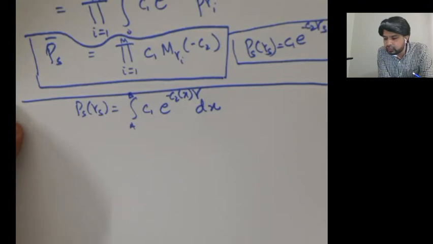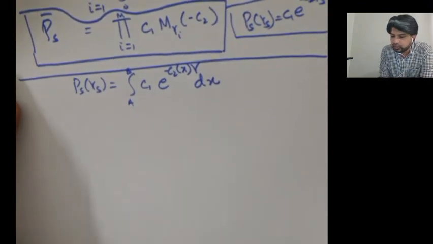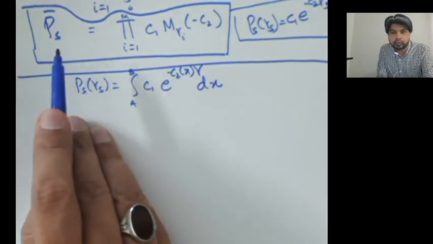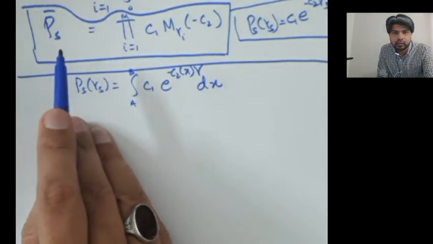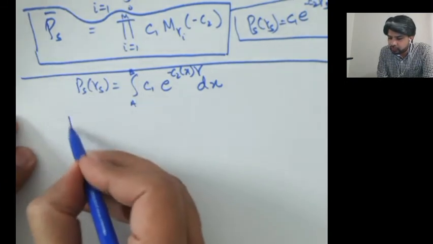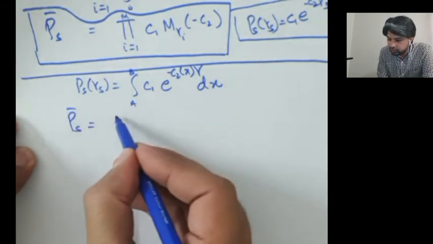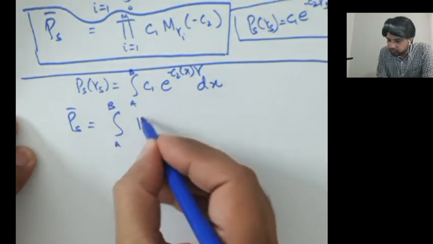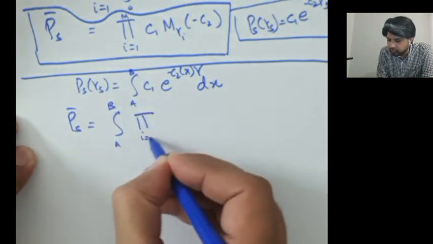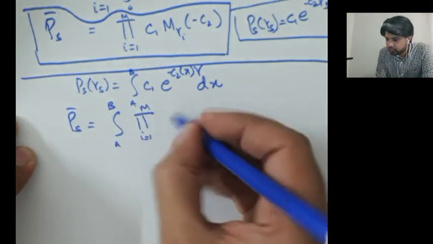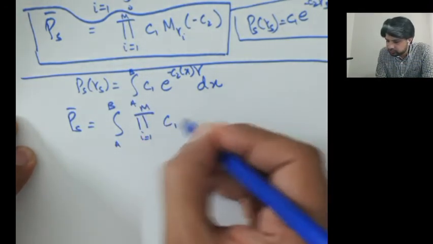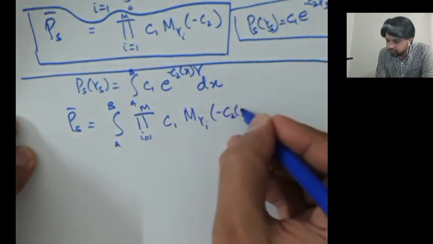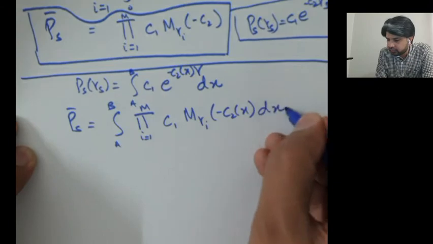So if that is what you have to begin with, then instead of this average symbol error probability, you would have this average symbol error probability as the integral from A to B of the product i equals 1 to capital M of C1 M gamma i of minus C2 of x dx.